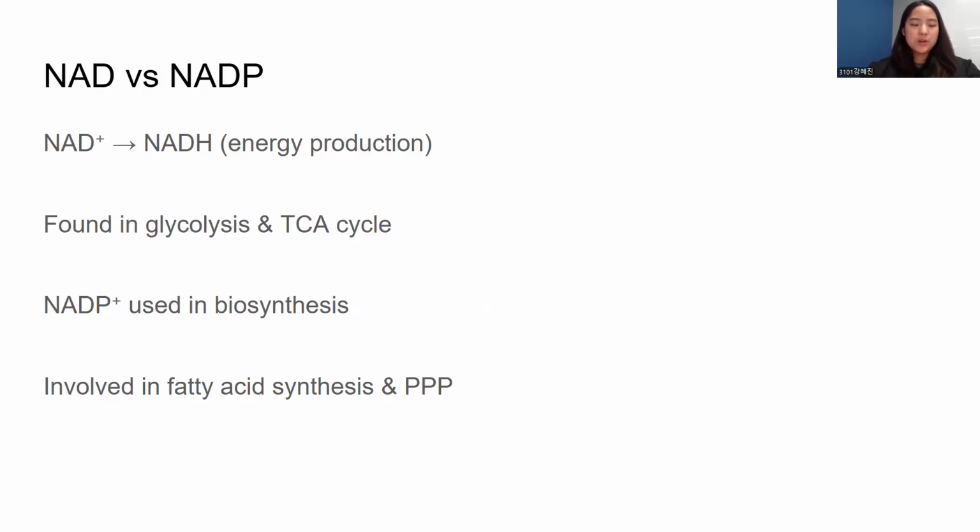This system is very often found in glycolysis and the TCA cycle. NADP plus is also used in biosynthesis, usually in fatty acid synthesis and pentose phosphate pathways.